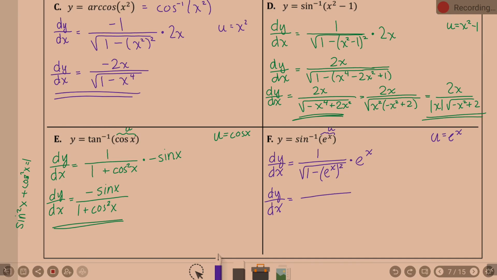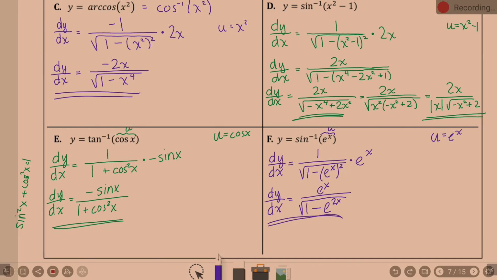Cleanup wise, on top, 1 times e to the x is e to the x. In the square root, the square root of 1 minus, what is e to the x quantity squared? E to the 2x.